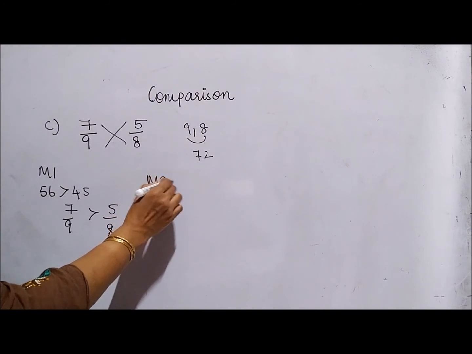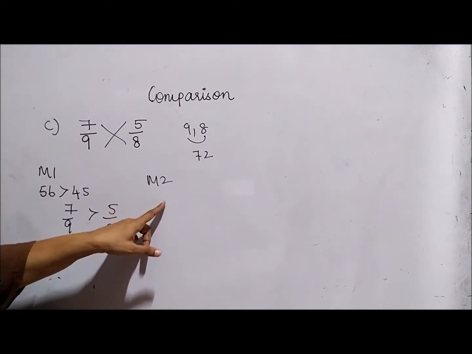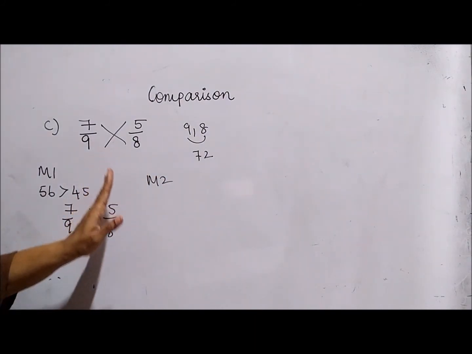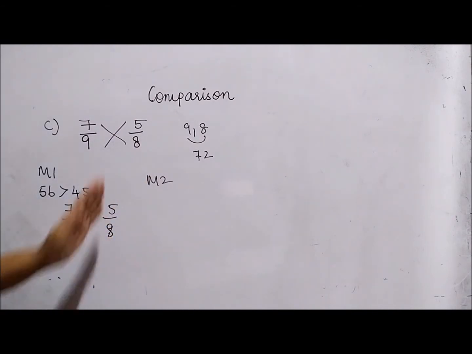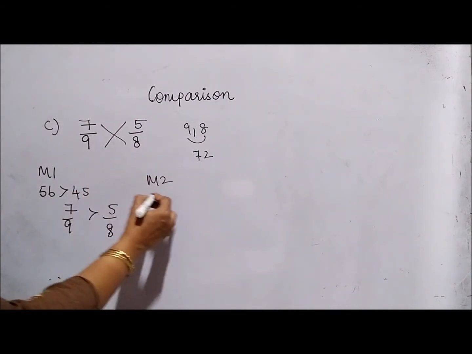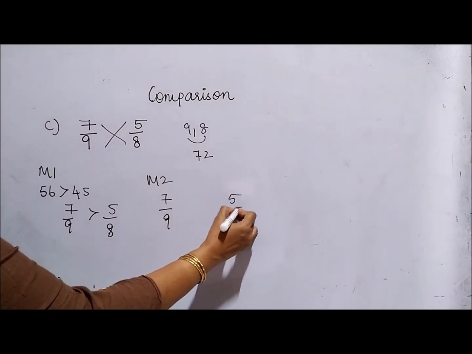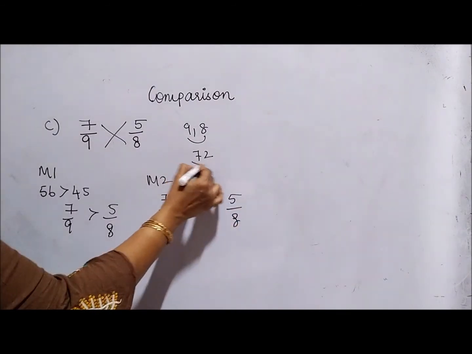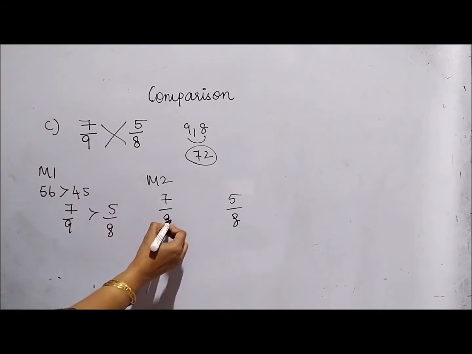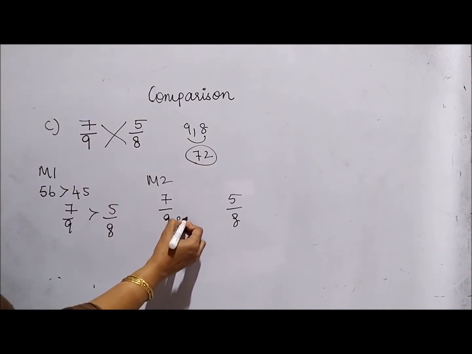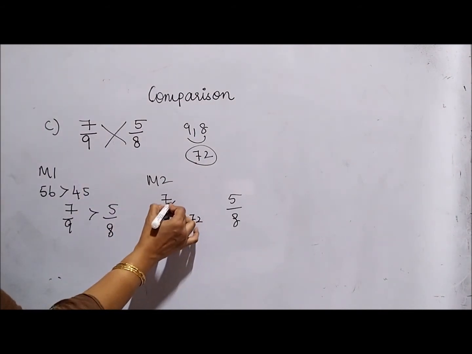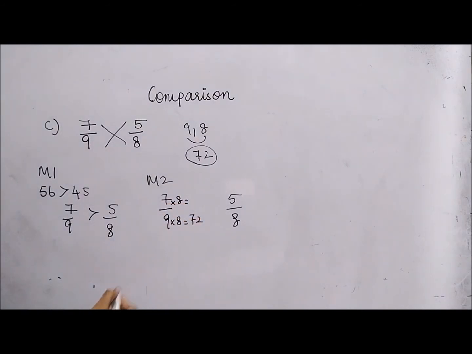In the other method, which is mainly used when you are doing addition, subtraction and all, we need to use the same method. So the LCM is, see, this is 7 by 9, this is 5 by 8. What should I multiply to get 72? 9 8s are 72. So the same 8 I should multiply in the numerator. So 56.